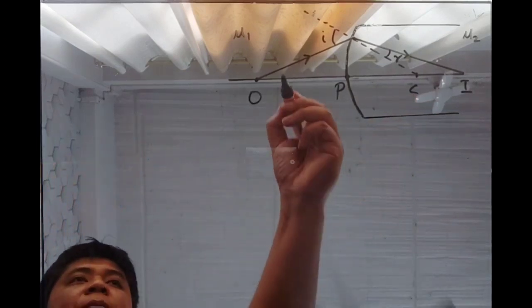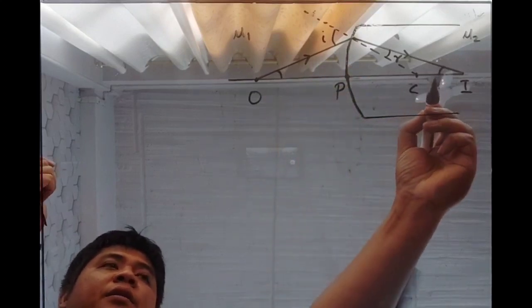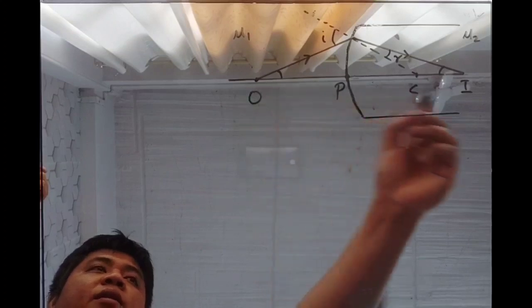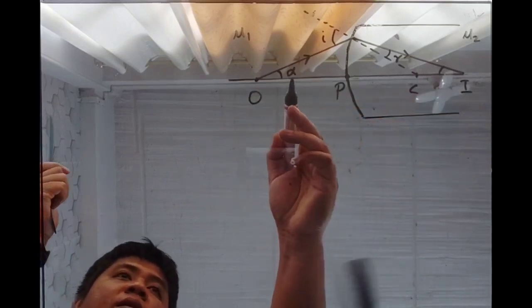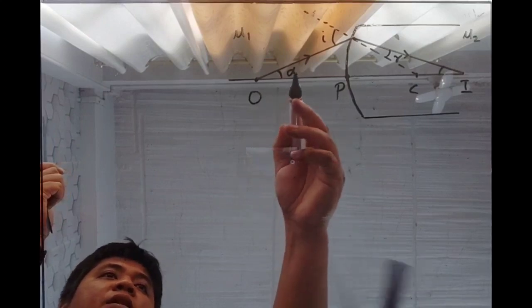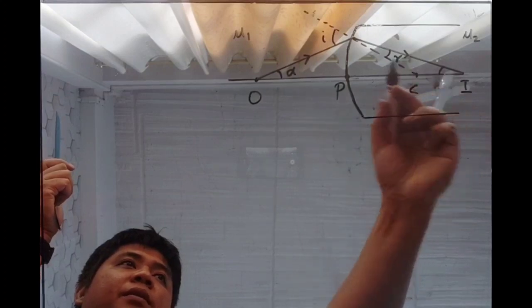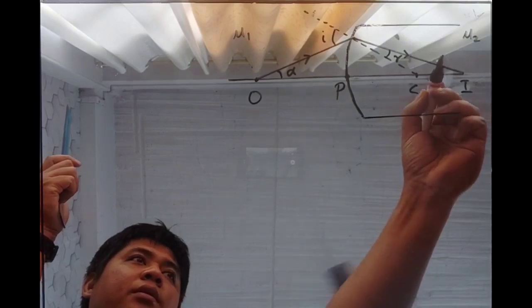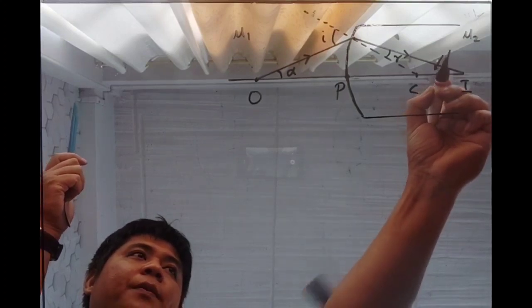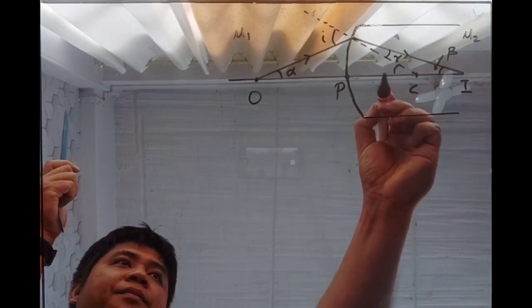In the assumptions, the incident ray and the refracted ray make small angles with the principal axis. So this is alpha, the angle subtended by the object ray, this is beta, the angle subtended by the refracted ray, and this is gamma.